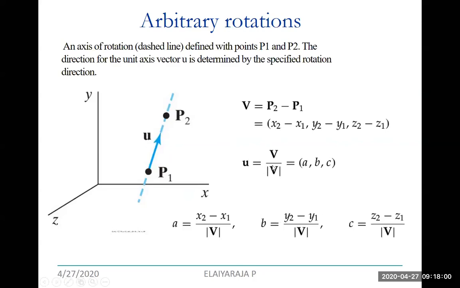It is v divided by the modulus of v, where the components are (a, b, c). For a, you write x2 minus x1 divided by the modulus of v, and similarly for b and c.